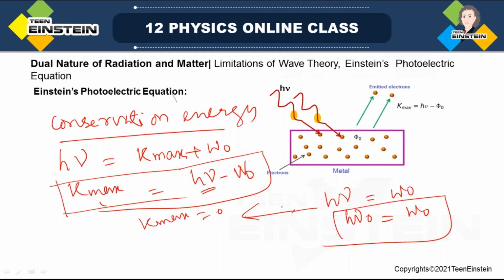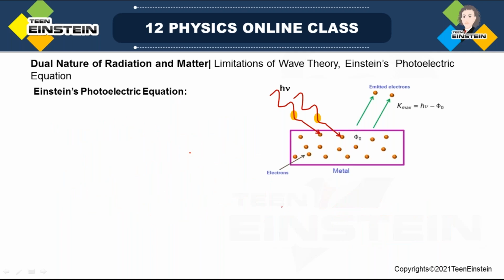Whereas when your frequency has greater energy, then part of that energy will be used to overcome the work function, and the rest of the energy will be converted into the kinetic energy of the emitted electrons, photoelectrons.